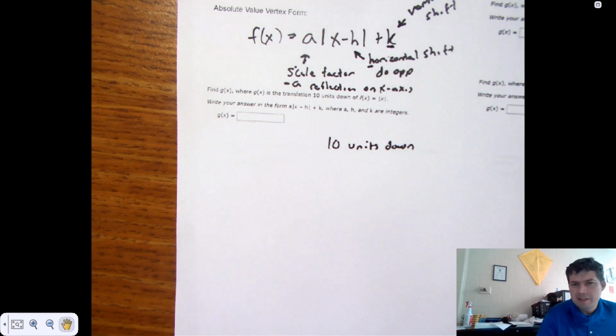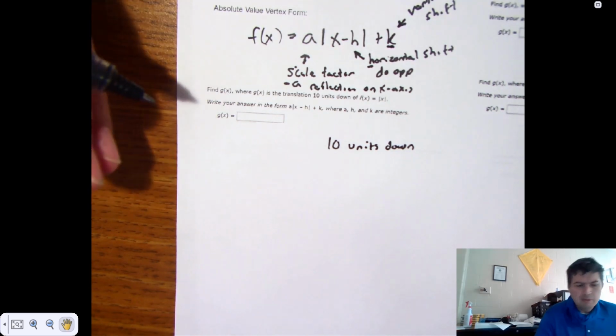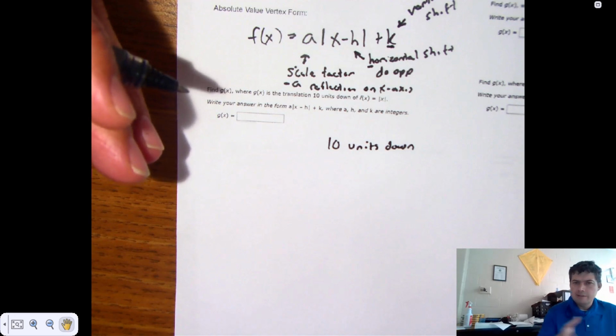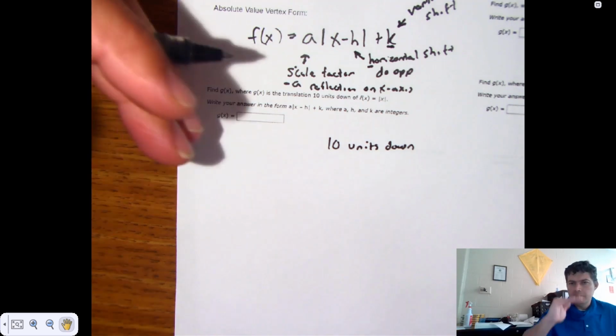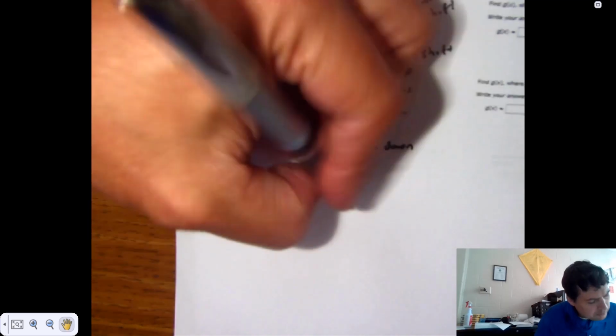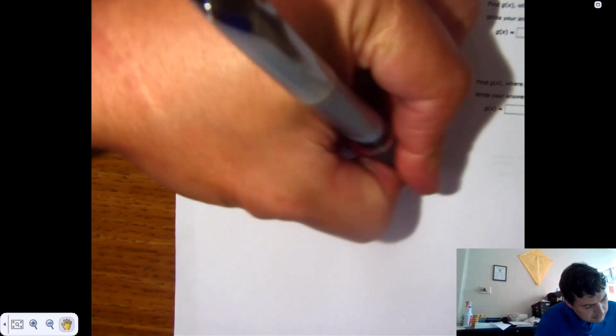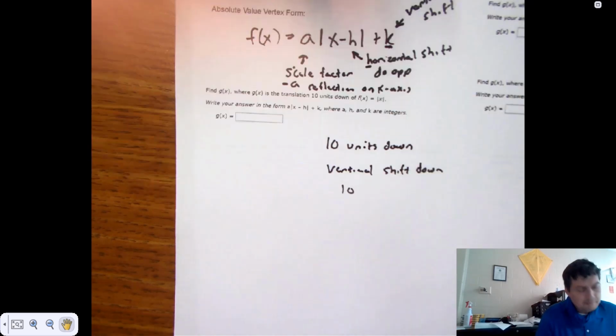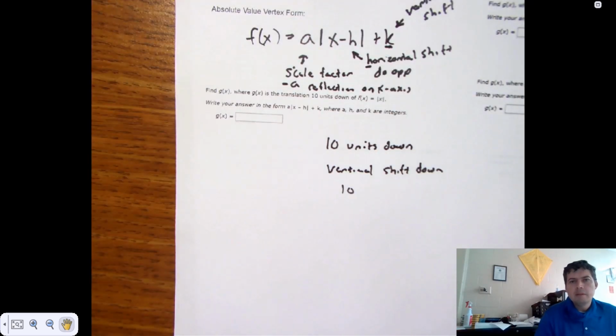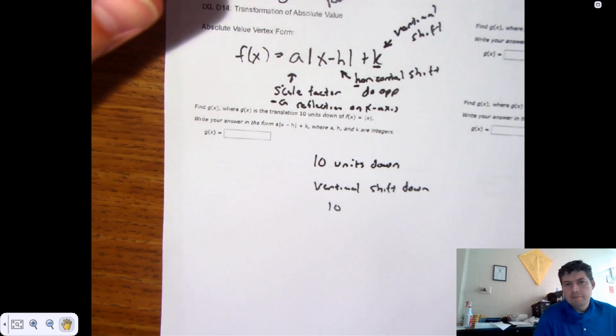What kind of shift is that? Is that horizontal? Horizontal, side to side, right? Vertical, up and down. This is a vertical shift. Down 10. That's what it is. Well, that's the letter K.